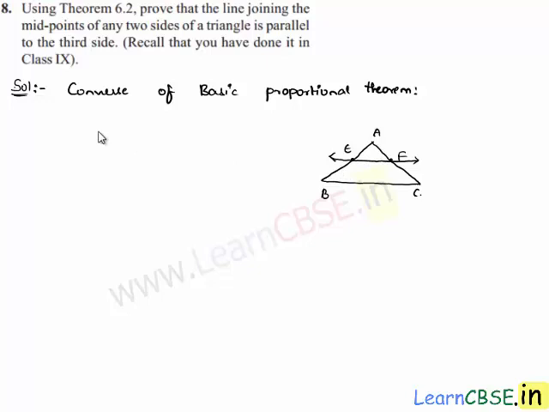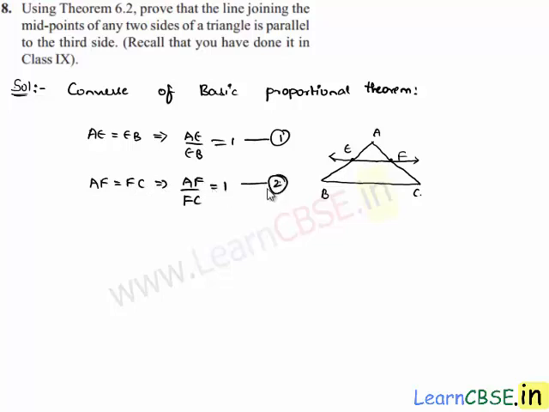As E is the midpoint of AB, we can say that AE is equal to EB, which implies AE by EB is equal to 1. Let it be equation number 1. And also F is the midpoint of AC, so AF is equal to FC, which implies AF by FC is equal to 1, which is equation 2.